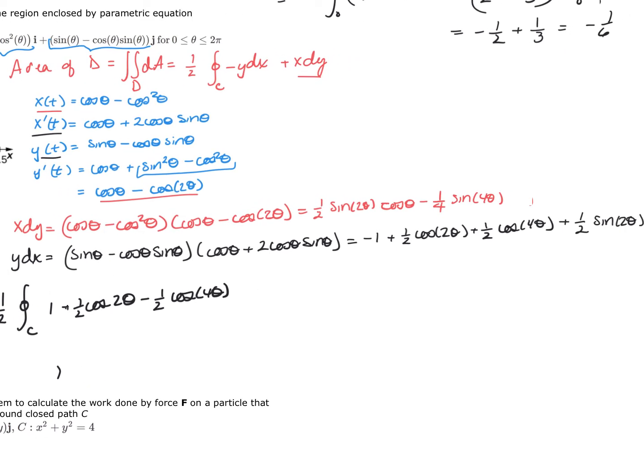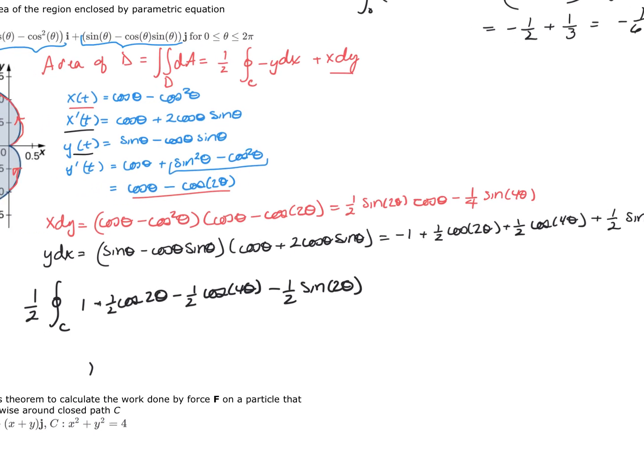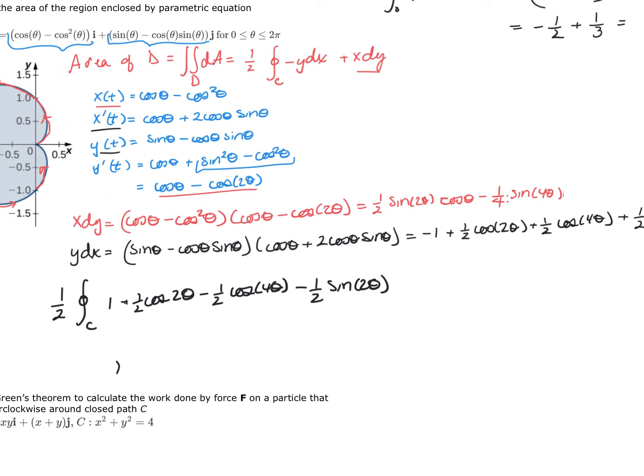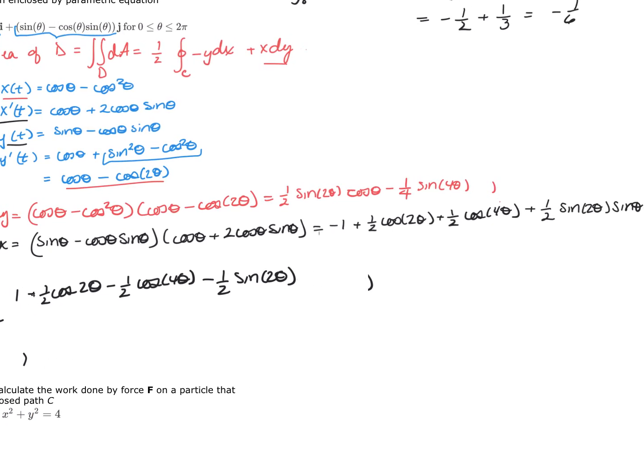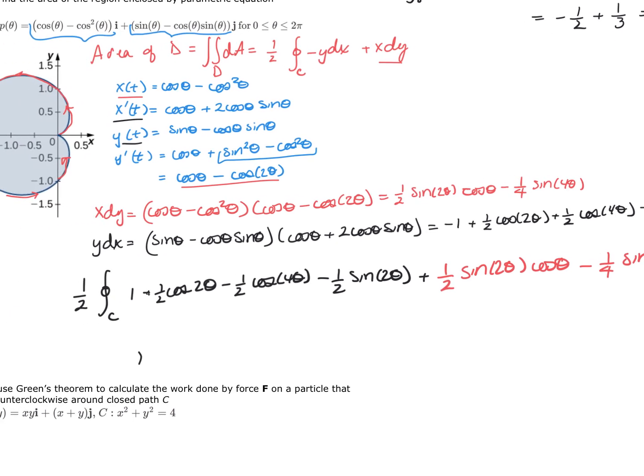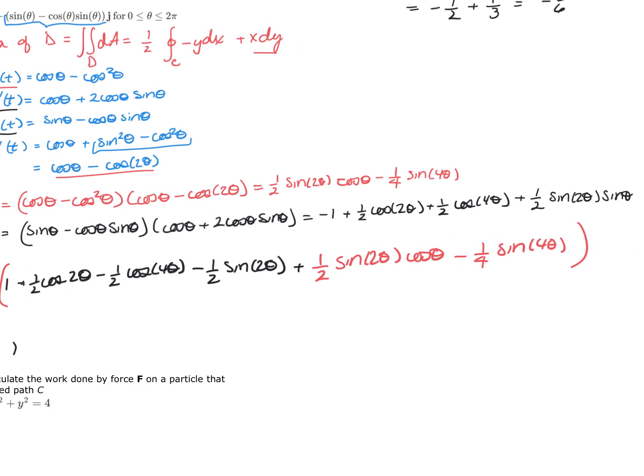Keep moving on, minus 1/2 the sine of 2 theta. That is my -y dx. And then plus, I have 1/2 the sine of 2 theta cosine theta minus 1/4 the sine of 4 theta. Well, that's lovely, isn't it? d theta. Bam. d theta.